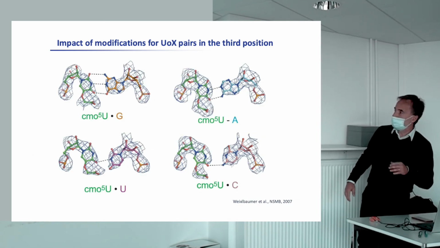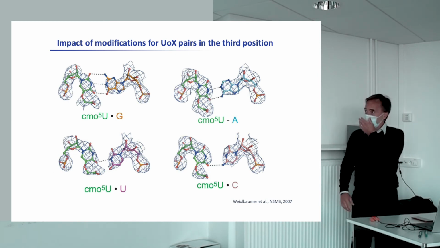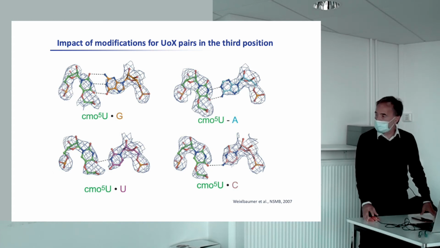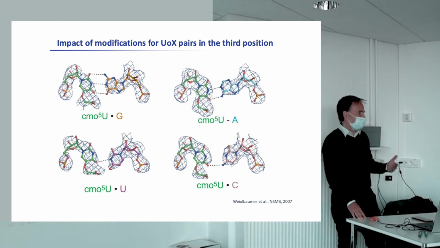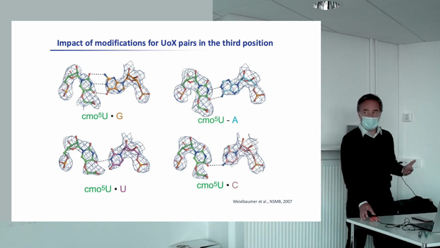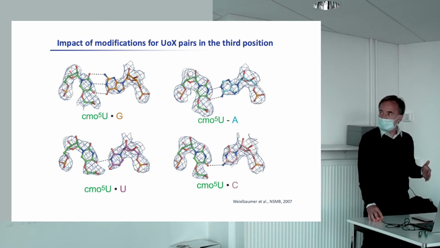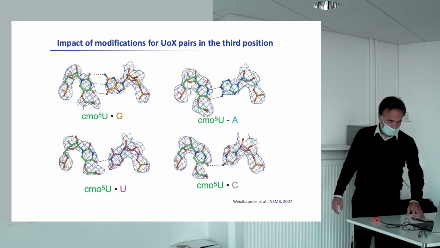What about the other codons? So this modification, probably in the enol form of the uridine, can have a kind of Watson-Crick interaction with the G, but in the same kind of geometry, the interaction with the A or with the U or with the C are much weaker because you have less hydrogen bond formation. So this is why the codon that is the preferred one in this condition, in presence of this modification, is the G, the codon that terminates with the G.